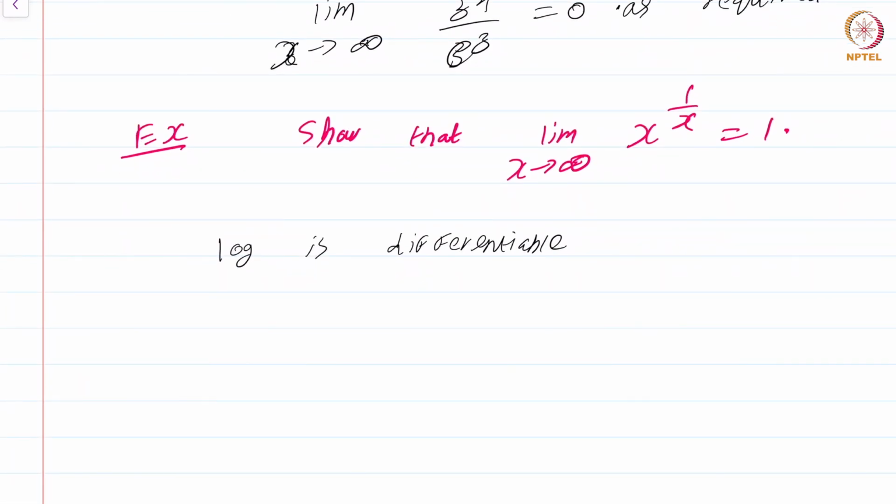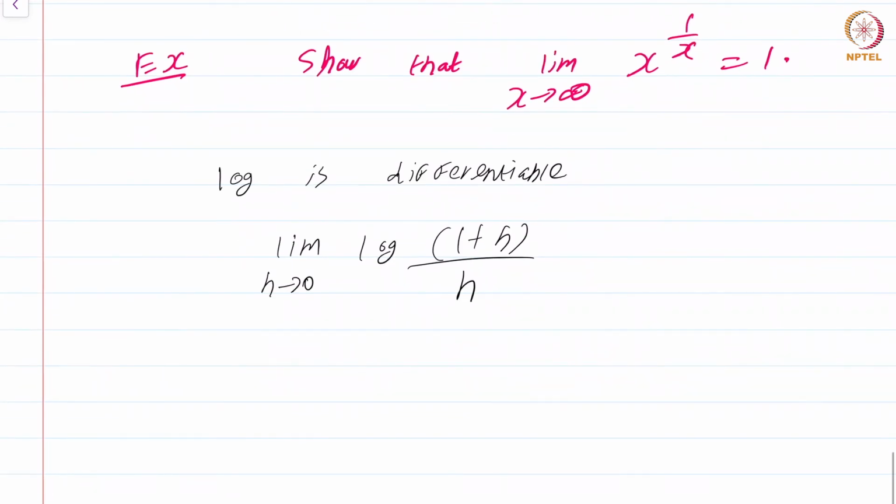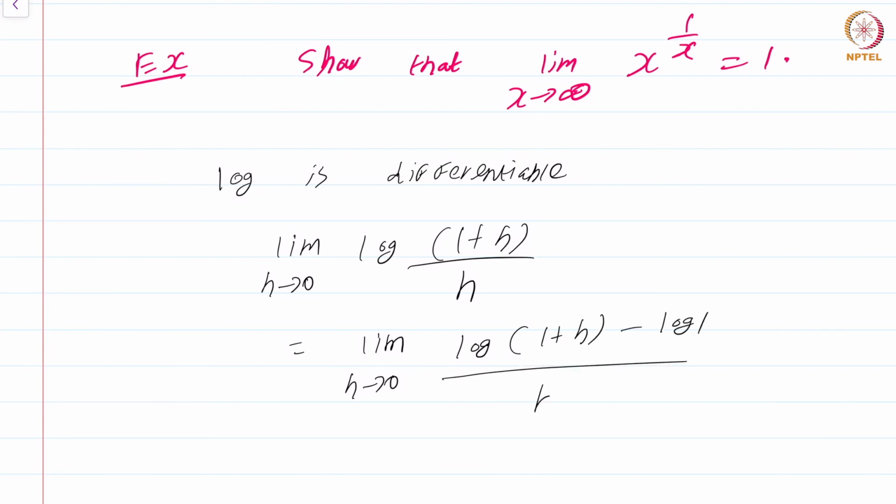The derivative is given by the limit h going to 0 of log(1 plus h) by h. And this is nothing but limit h going to 0 of (log(1 plus h) minus log 1) by h, which is just 1.